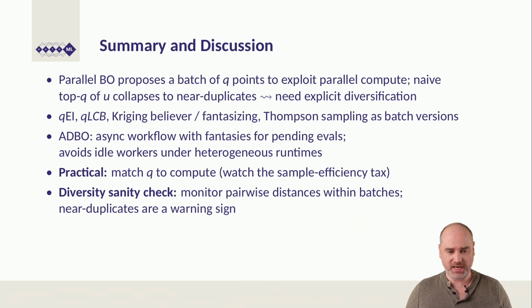We also covered ADBO, so asynchronous decentralized BO, an asynchronous workflow with fantasies for pending evaluations. This avoids idle workers under heterogeneous runtimes, which is quite nice. In practice, usually you want to somehow match your batch size to your available compute. Maybe your available compute is pre-specified.